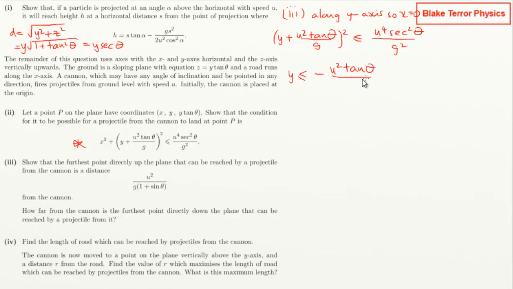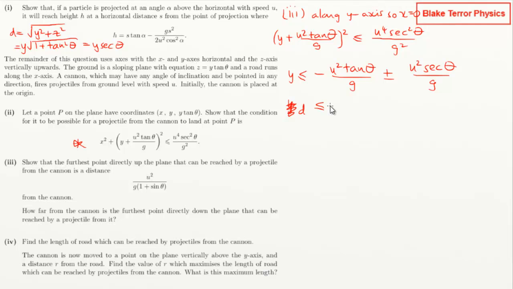The other one could have a plus or a minus on it. Plus or minus u squared sec theta over g. And then I need to multiply by sec theta on this. So I've got then that, well, I don't want y now, I want d is less than or equal to, and I'm going to want a plus or a minus on here.